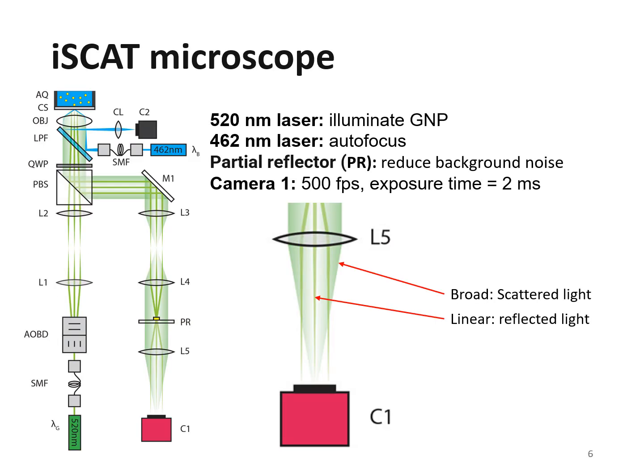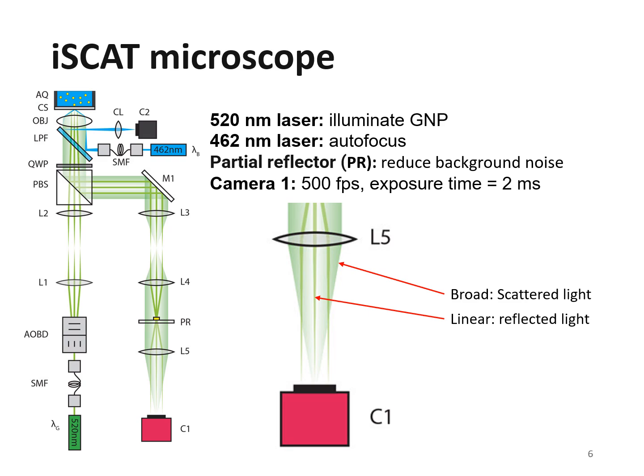This is a diagram of the iSCAT microscope used in the experiment. A 520 nanometer laser is used to illuminate the gold nanoparticles, producing reflected and scattered light, which is captured by camera 1.